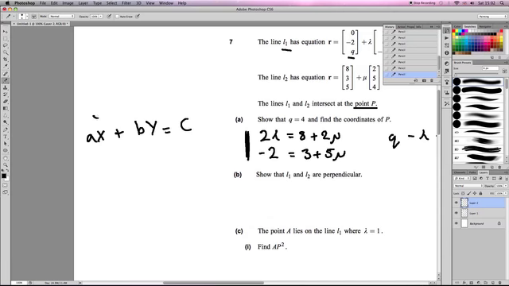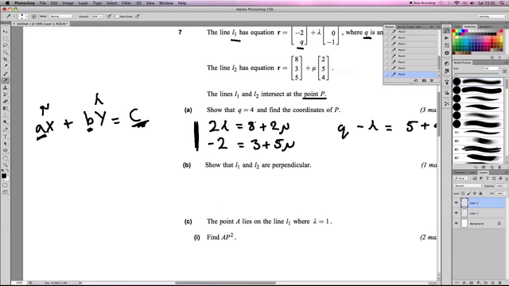You can just say that's maybe mu and that's lambda. It doesn't really matter as long as you get the constants correct and a constant on the other side. So I'm just going to rearrange these. I'm going to call my lambda x, in fact, so lambda is x, and then mu is y.